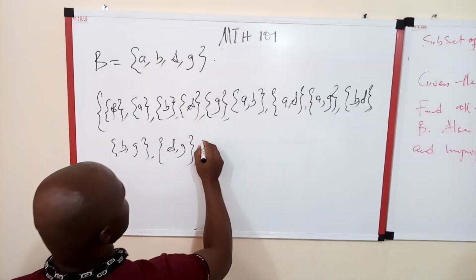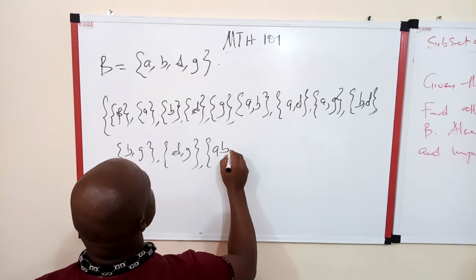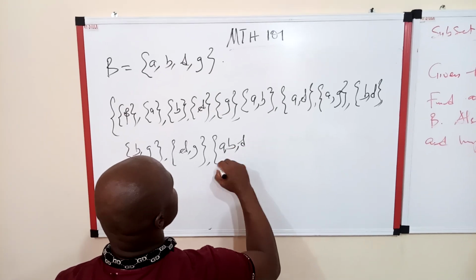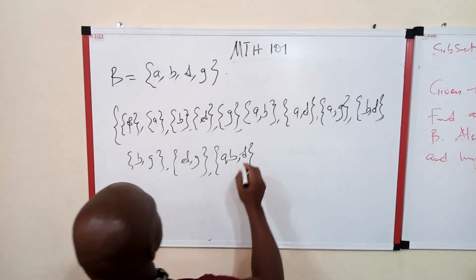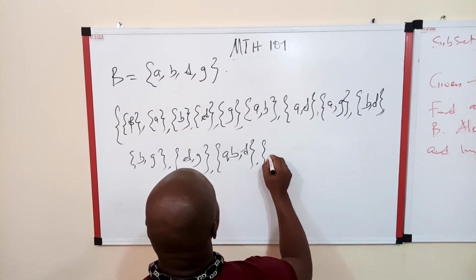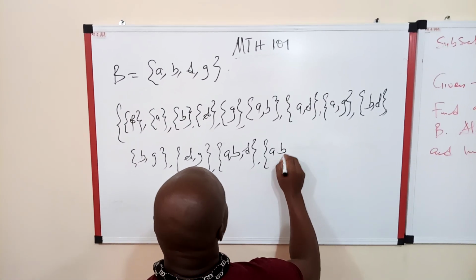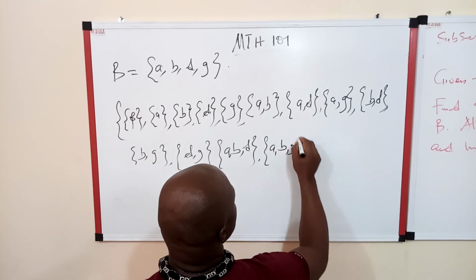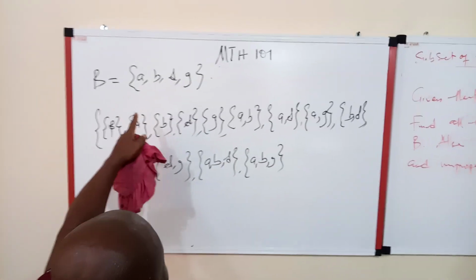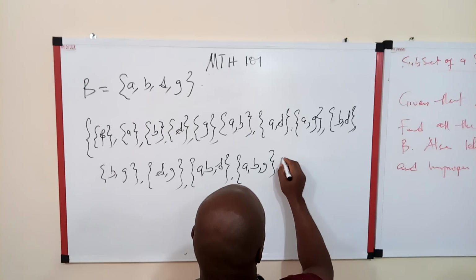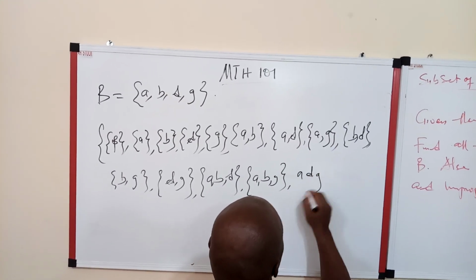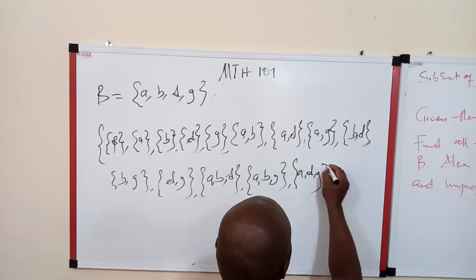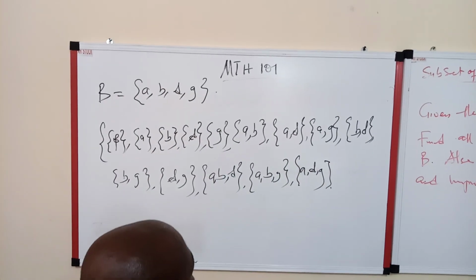Then you can further say A, B, and D are also subsets. They are all contained there. A, B, and G is also a subset. A, D, and G is also a subset.